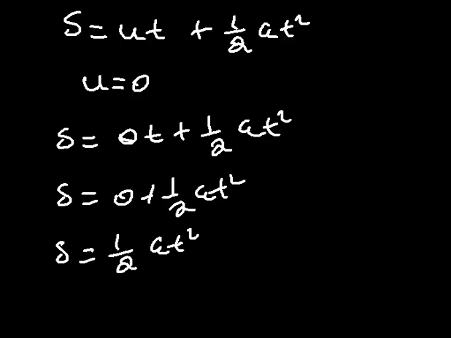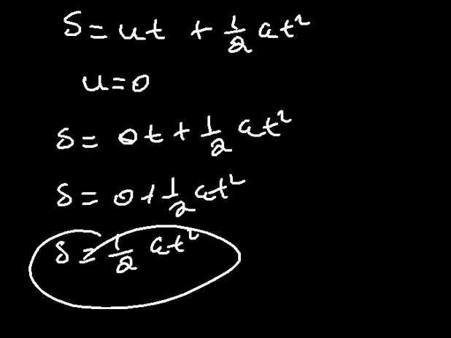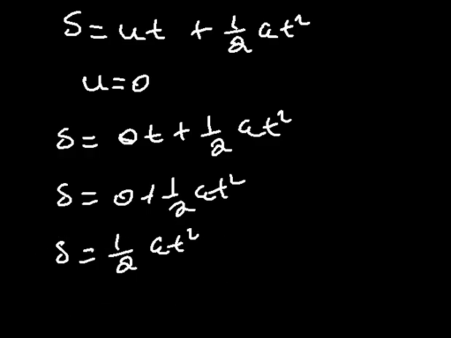And this is how the equation will be used whenever the object starts from rest. So no wonder you just have to see basically this displacement equation being expressed as this whenever the object starts from rest.